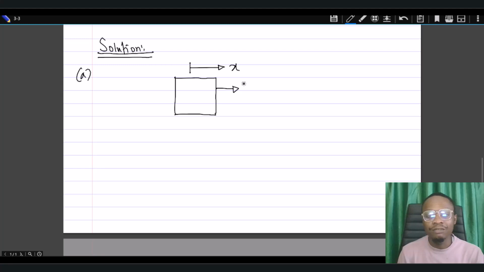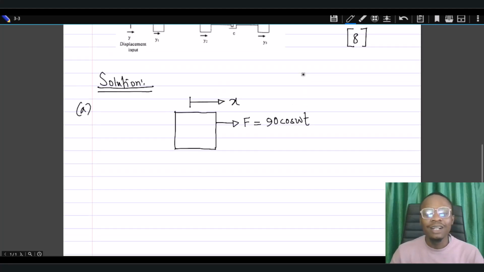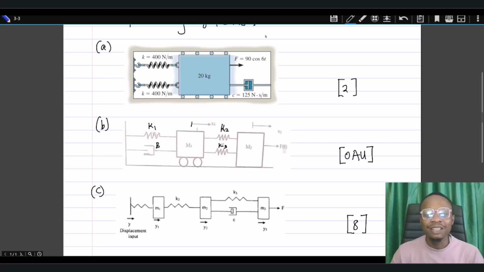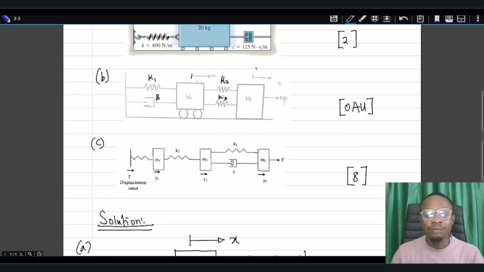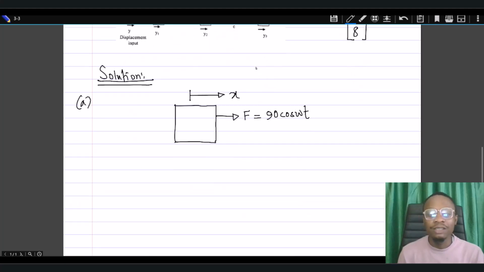So we have the external force F. We know it is equal to 90 cos omega t as provided, in Newtons, consistent with this system. And then there will be a force that will always oppose the motion of the body. So we're going to have this directed to the left since the displacement is to the right.